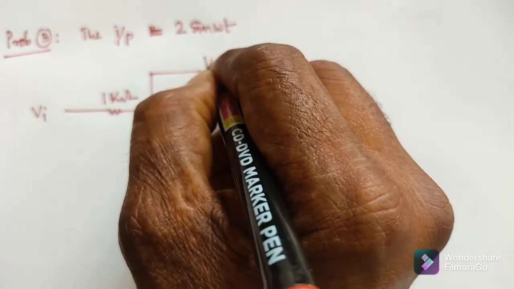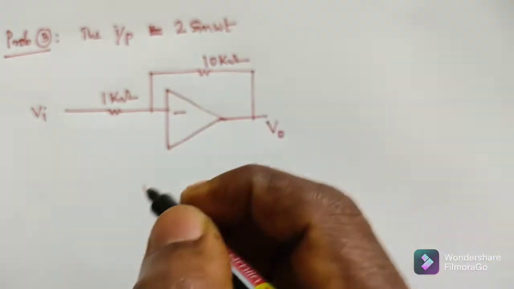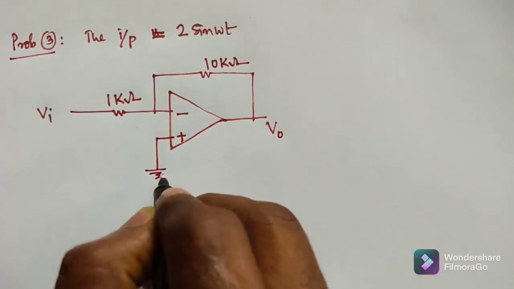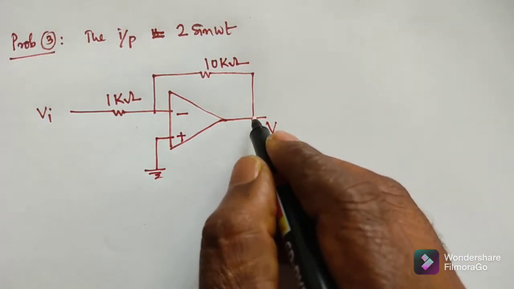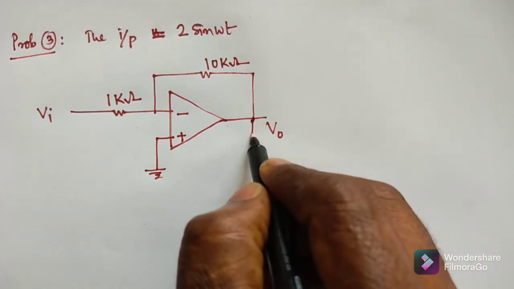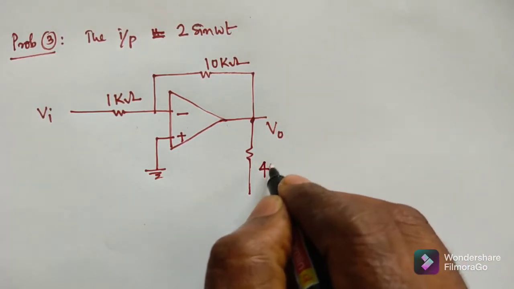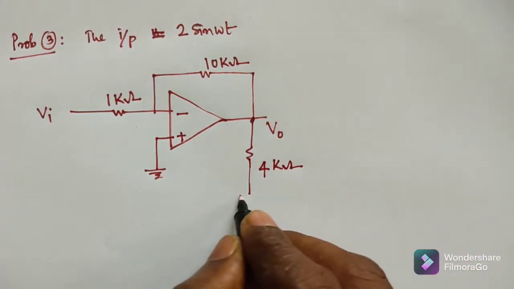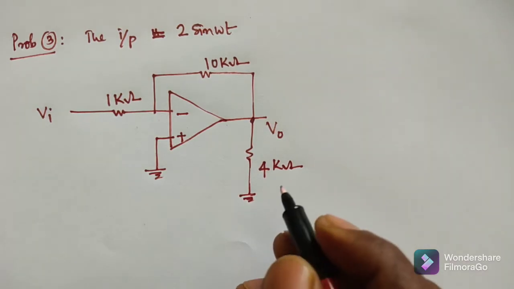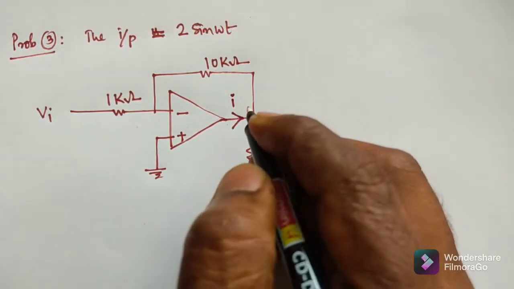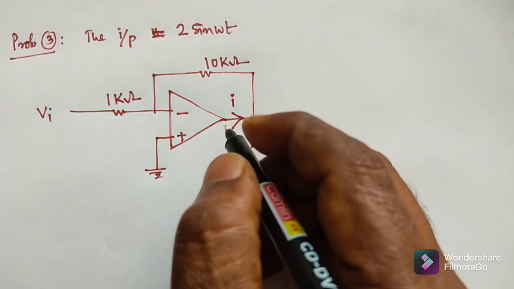That value is 10 kilo ohm. The positive terminal is connected to ground. At the output V0, take one more resistor, 4 kilo ohm, which is connected to ground. Now the question is to find I0.